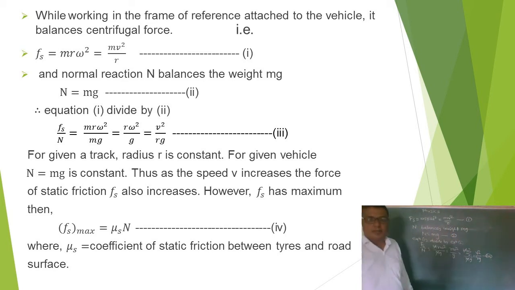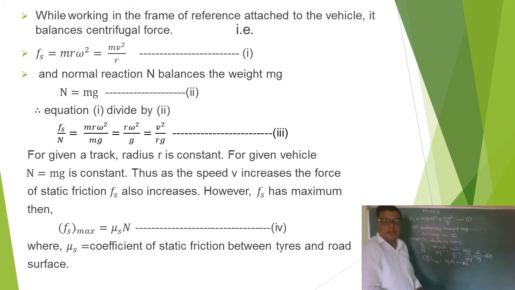Now, for a given track, the radius r is constant. For a given vehicle, N equal to mg is also constant. Thus, as the speed v increases, the force of static friction Fs also increases. However, Fs has a maximum: Fs maximum is equal to mu s N. This is equation 4.